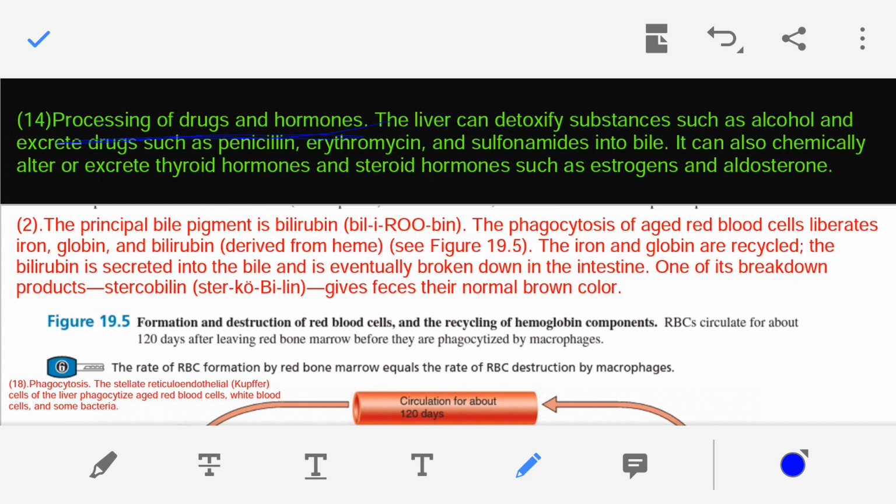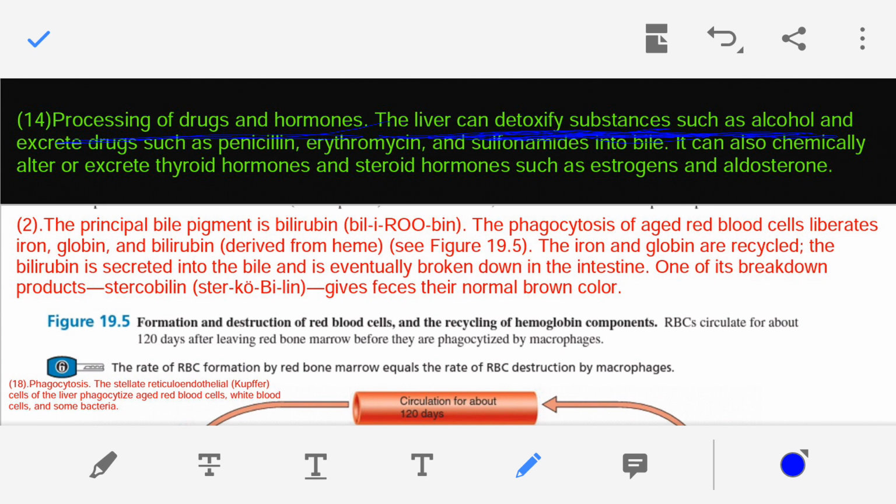Now, see, liver can detoxify substances such as alcohol. Once again, I am reading this line for you. Liver can detoxify substances such as alcohol.